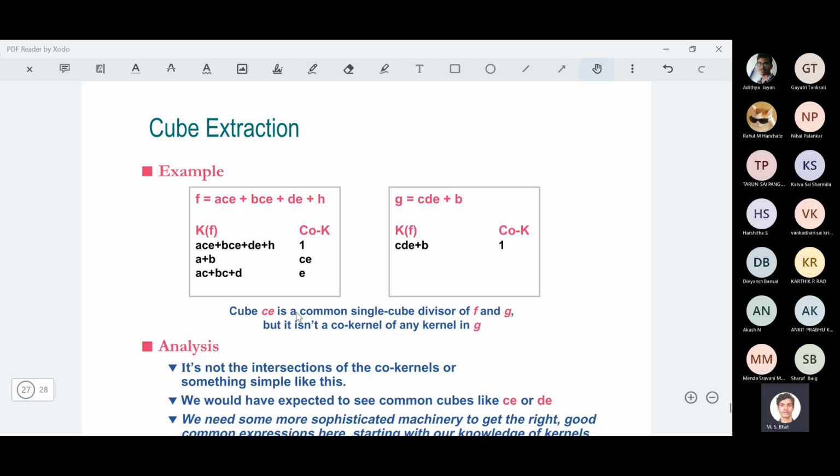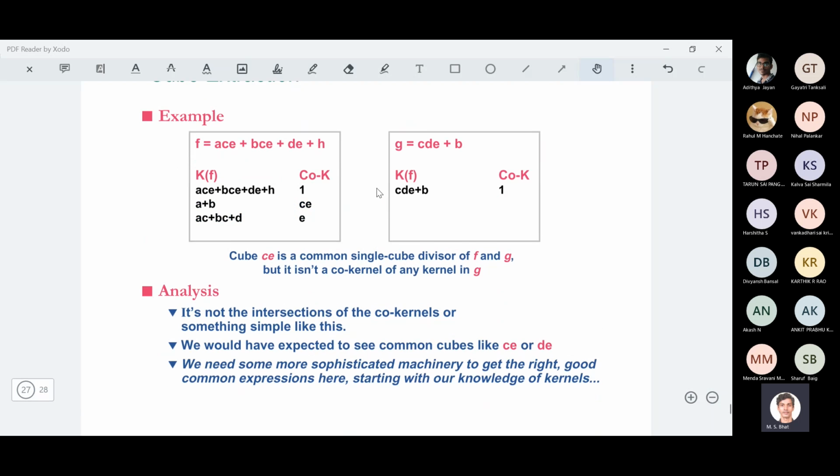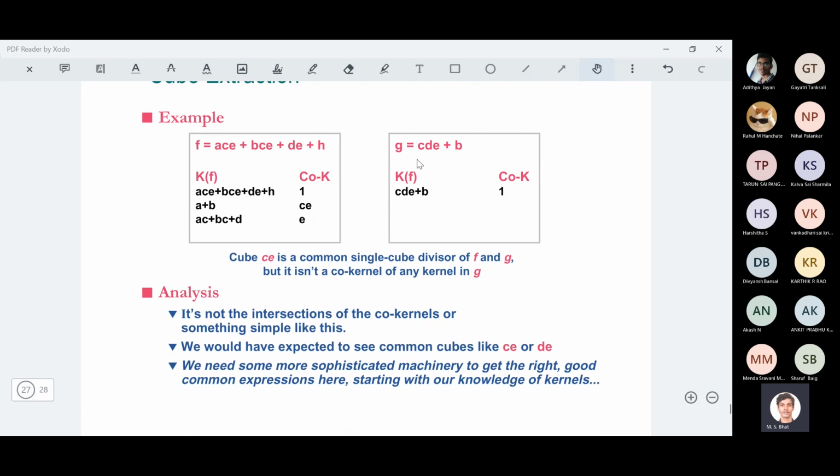Now, if you intersect this with this, or this with this, you get some function as the intersection of these two.